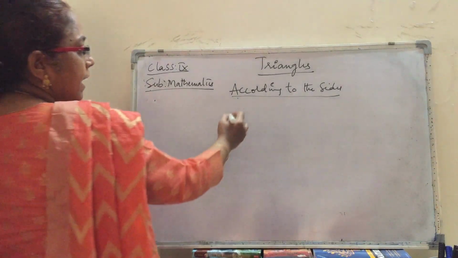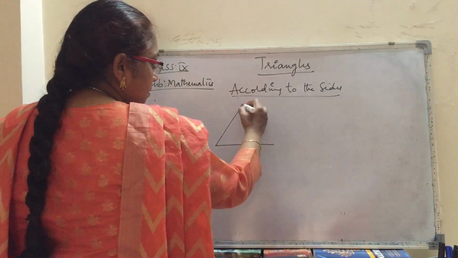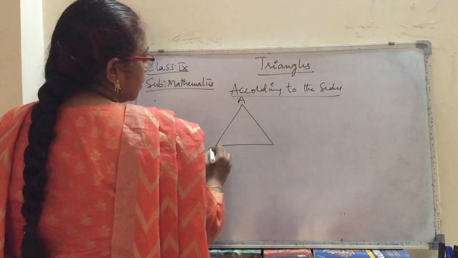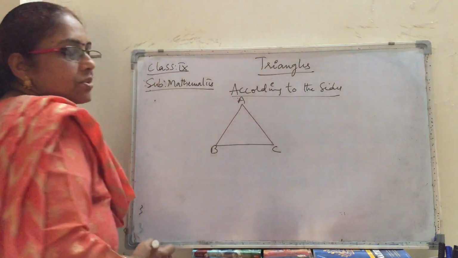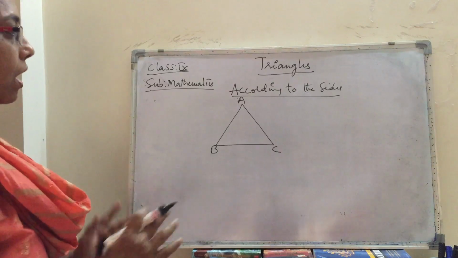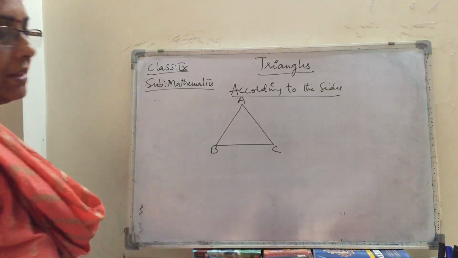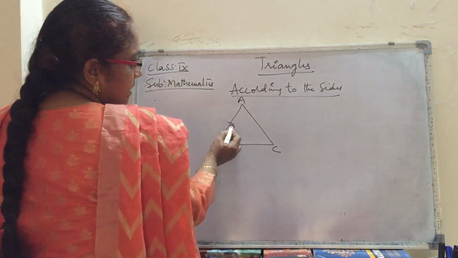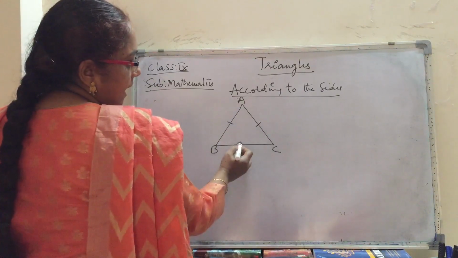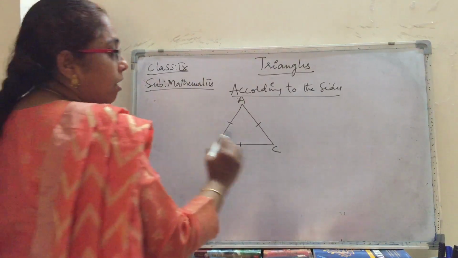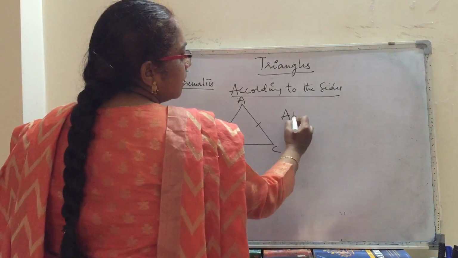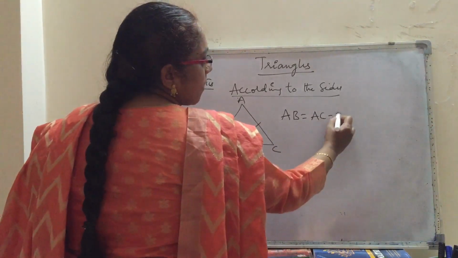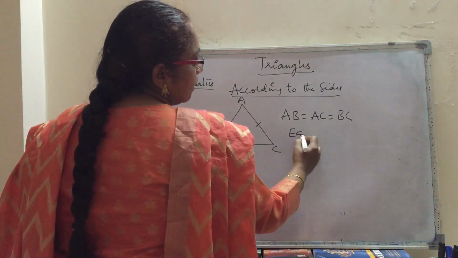Suppose ABC is a triangle in which all 3 sides are of equal length. AB, AC and BC: if all these 3 lengths are equal, then it is called an equilateral triangle.